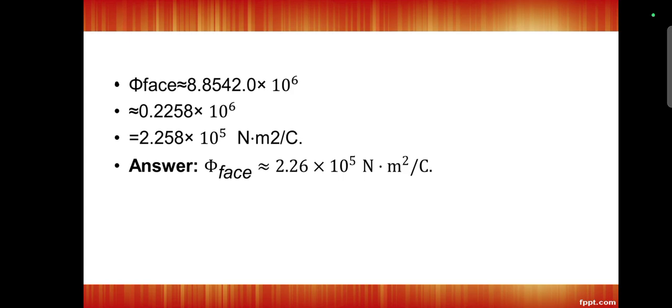Computing and rearranging, flux per face is equal to 2.26 into 10 power 5 newton meter squared per coulomb.